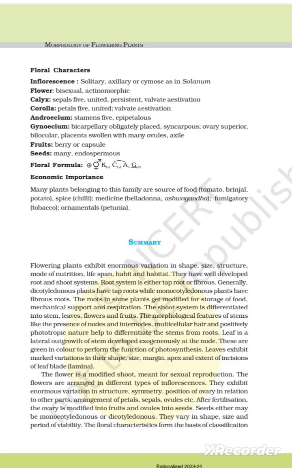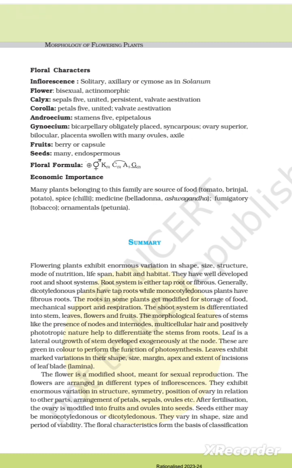Leaf is a lateral outgrowth of a stem developed exogenously at the node. These are green in color to perform the function of photosynthesis. Leaves exhibit marked variation in their shape, size, margin, apex and extent of incision of leaf lamina. The flower is a modified shoot meant for sexual reproduction. The flowers are arranged in different types of inflorescence.